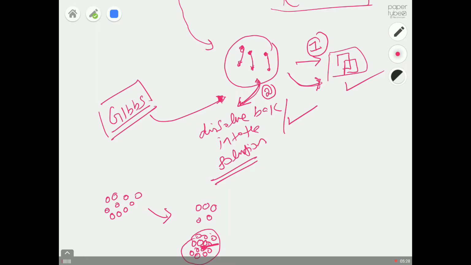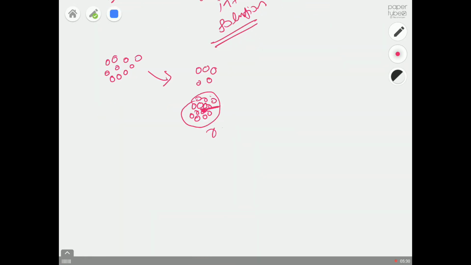He assumed that if the radius of the sphere is greater than some value, which he called the critical radius, then these clusters grow and develop into a stable nuclei.